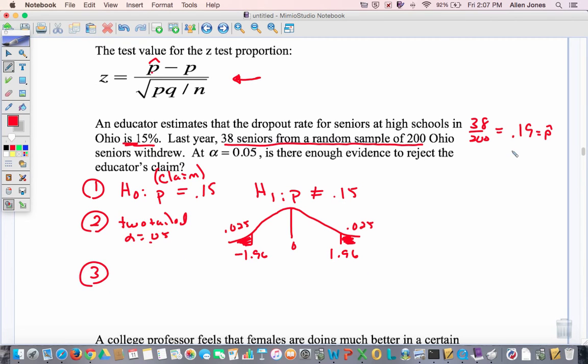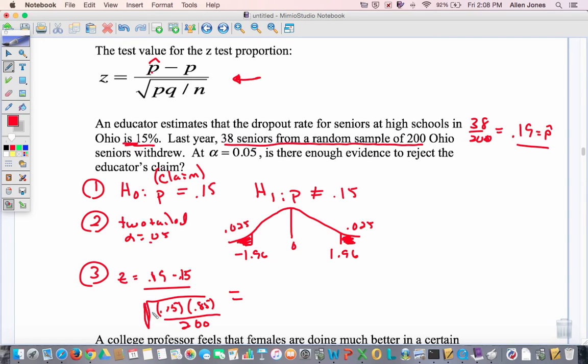Moving on to step number 3, you can see I already have illustrated up here our sample proportion. So our test score is p hat, which is 0.19, minus our population proportion, which is 0.15, divided by the square root of 0.15. Its complement at the end is 0.85. Remember, q is 1 minus p, and our sample size is 200.